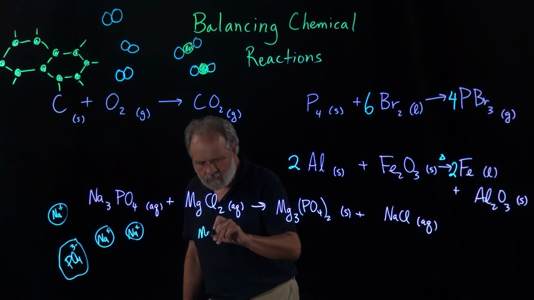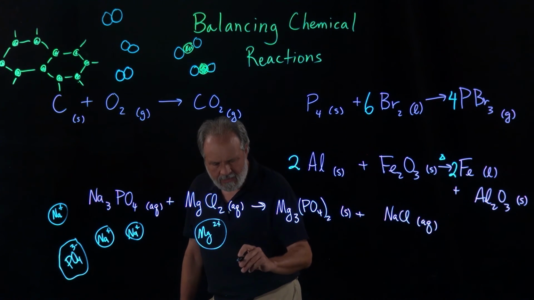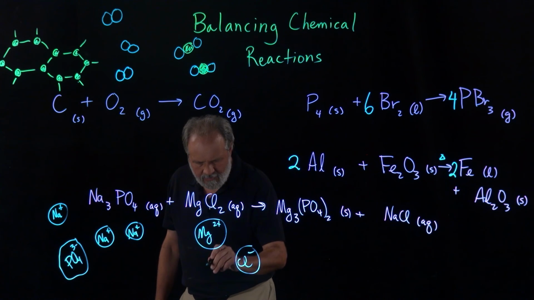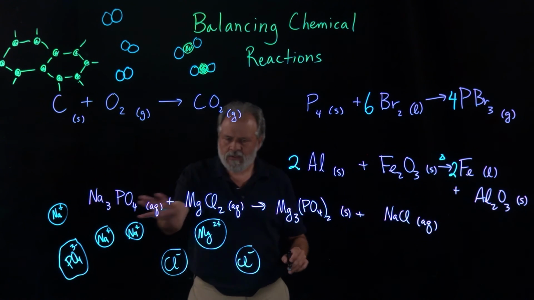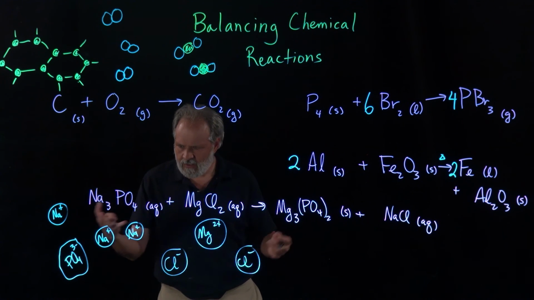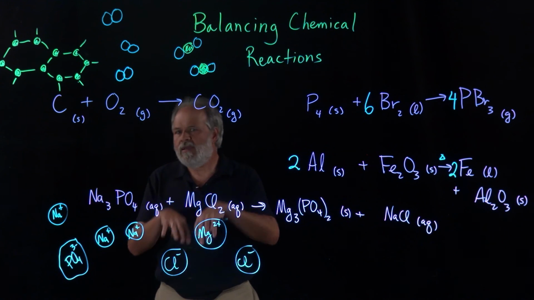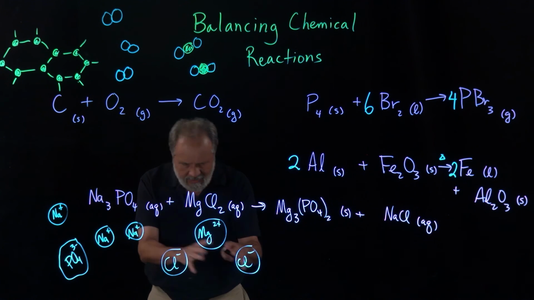Magnesium dication, and then a chloride and a couple of other chlorides over here, so maybe. So what this equation is saying is, I have a solution with these ions dissolved and another solution with these ions dissolved. I'm mixing them together, so now these ions can look at these and these can look at these.